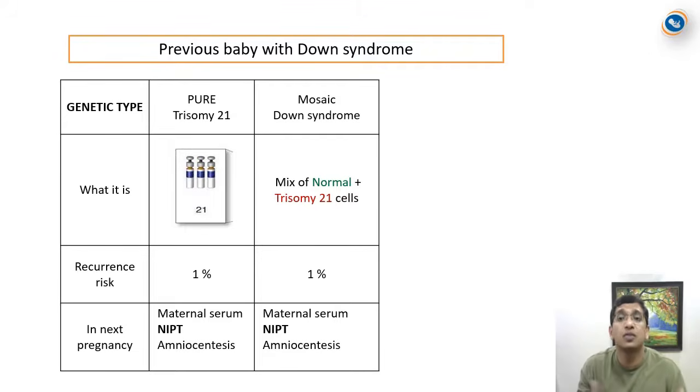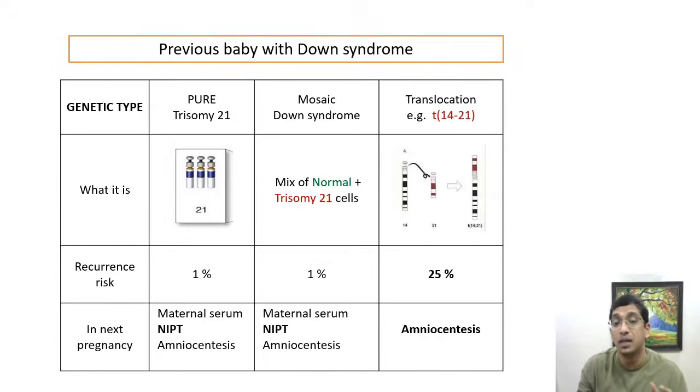So the chance of the next fetus getting this is about 1%. So again in the next pregnancy, it's fair enough to do either maternal serum screening, NIPT or amniocentesis. Again, we do NIPT in most of these patients because it seems like a fair deal between serum screening and amniocentesis.